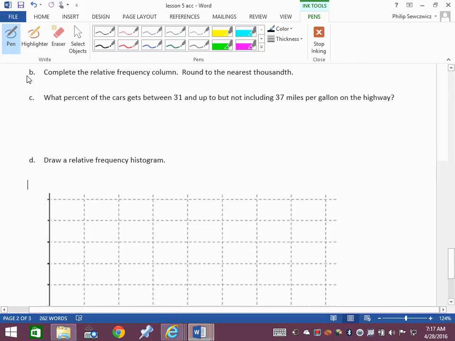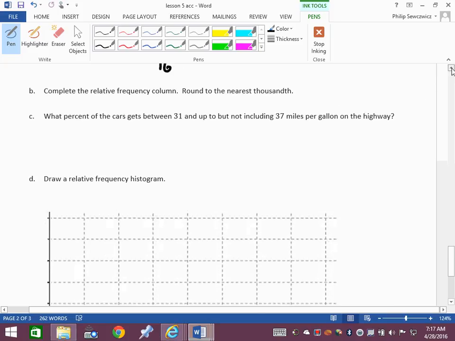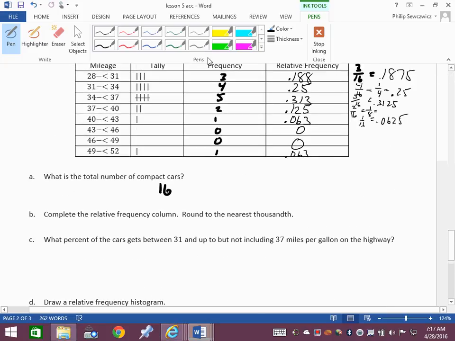So when they ask what percent of cars get between 31 and up to, but not including, 37, there are 2 ways we could do it. We could take the 31 up to 37. You can see there are 4 in this group and 5 in this group, so technically it's 9 out of the 16.